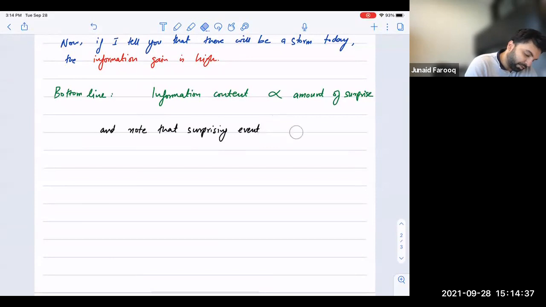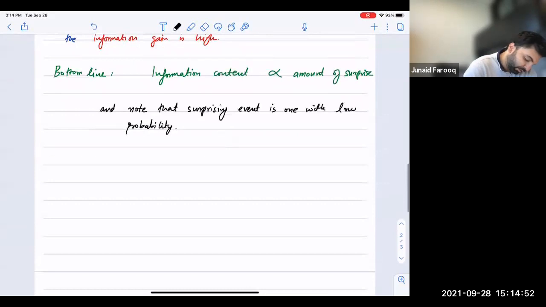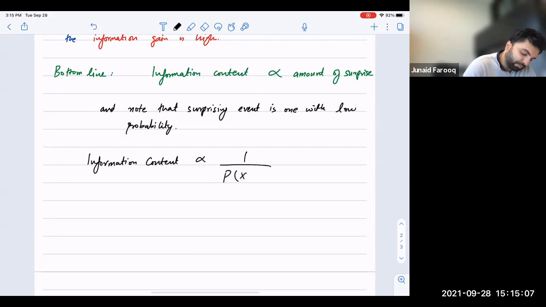So what we can eventually say is that information content is actually inversely proportional to the probability of that event. Okay.